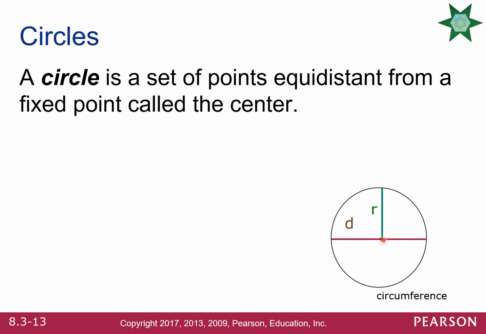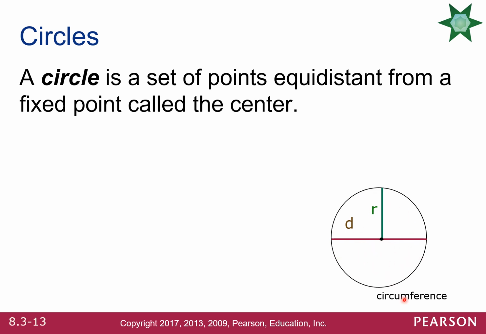The circle is formed by creating points all around the center point, which are equally distant. Equidistant means the distance from the center point to a particular point is the same all around. All right, so that's what makes a circle a circle.